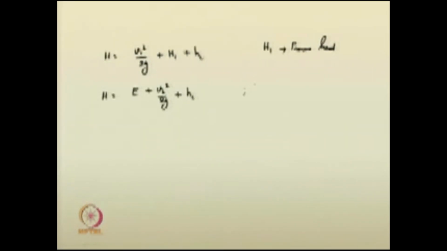Now, in this case we are assuming h2 approximately equal to 0, that is, in the outlet section the pressure head is almost nominal. E is the energy transferred by the fluid to the runner.